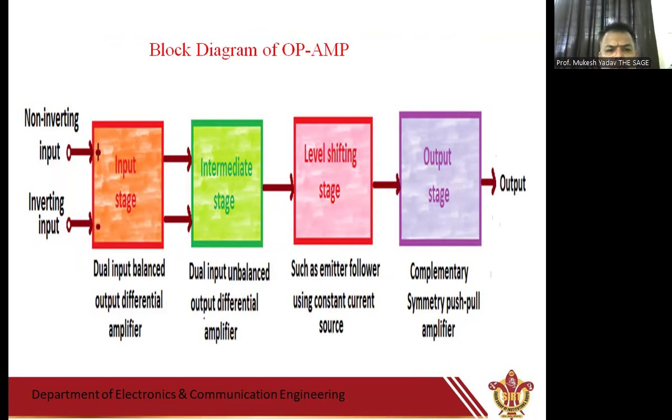The input stage is made from a dual input balanced output differential amplifier which contains transistors. The intermediate stage is a dual input unbalanced output differential amplifier which contains transistors. The level shifting stage is an emitter follower using a constant current source, and the fourth stage is the output stage, a complementary symmetry push-pull amplifier. Actually, the operational amplifier is available in the form of an IC, that is, an integrated circuit.